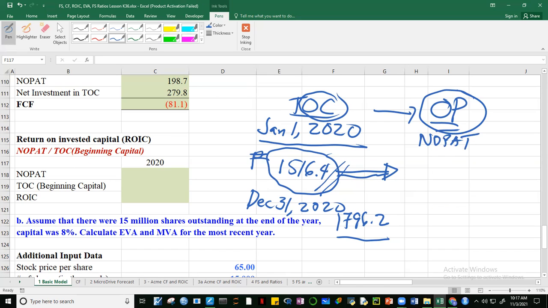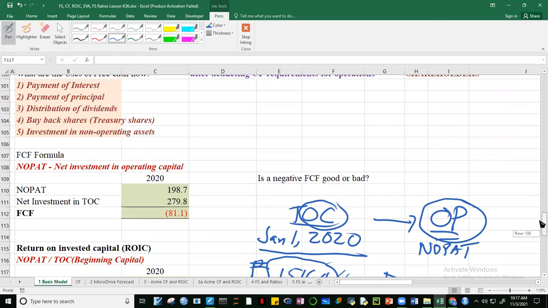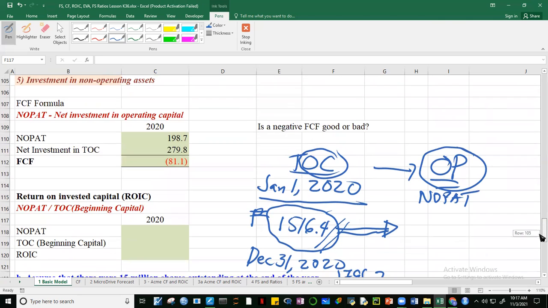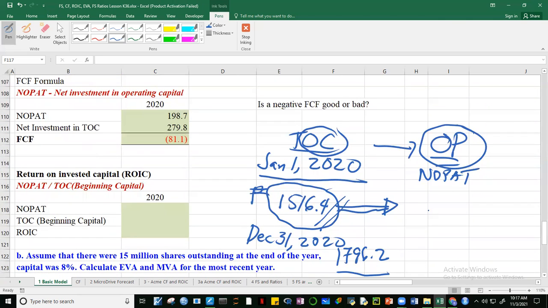NOPAT for 2020, for the whole year, how much operating profit was generated? Here, 198.7. This was the figure generated, operating profit.